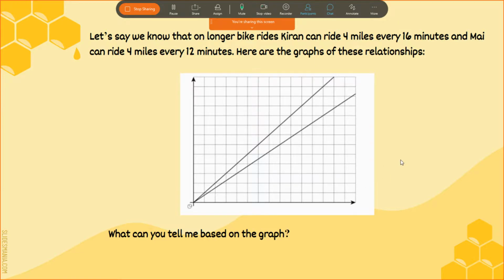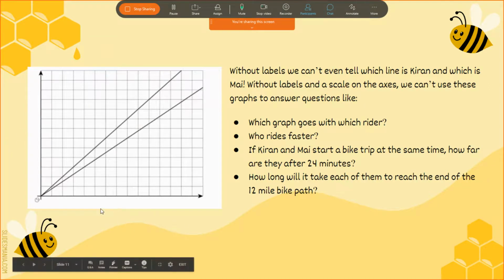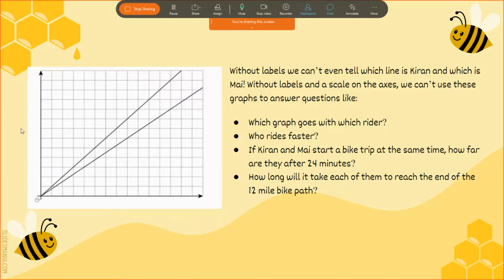Okay, using this graph, can I tell which one is Kieran and which one is Mai? No, because I don't know if this is distance and this is time, or this is distance and this is time. Depending on where distance and time is, it changes which one is Kieran and which one is Mai. Can I tell you which one rides faster based off this graph? No, because I don't even know which one is which person.